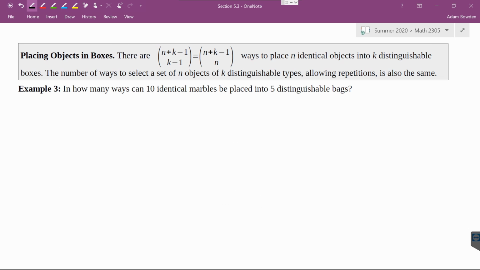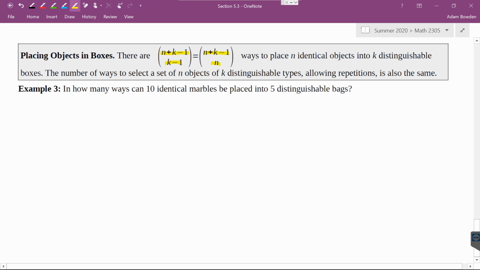Now the last thing we're going to look at here is another counting situation. It says ways of placing objects in boxes, especially when the objects are identical and the boxes are distinguishable. And so it has this formula here, two different ways of writing it. It says n plus k minus 1 choose k minus 1 is equal to n plus k minus 1 choose n.